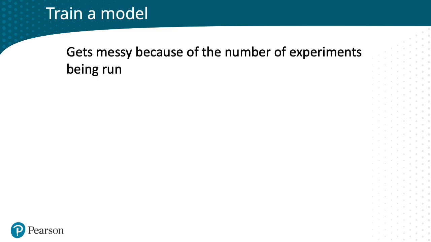And as you can guess, as you run experiments, keeping track of them can get a little bit messy, because in the course of an hour, you might run anywhere from 3 to 100 experiments. Maybe more, maybe less, depending on how resource intensive your experiments are.